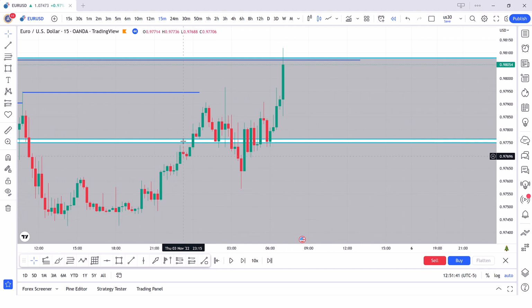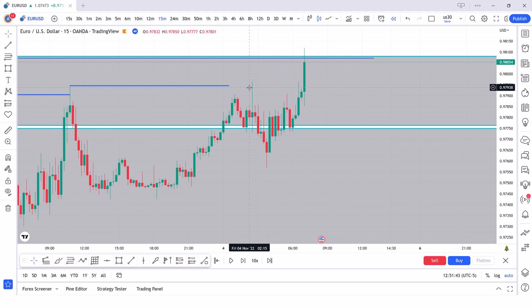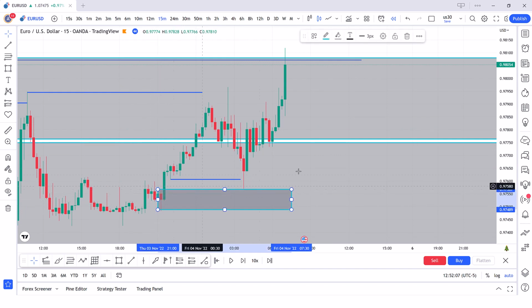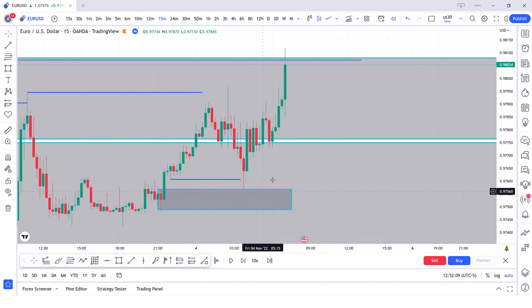If we just, for example, identify our break of structure with shadows, you can see that we have our order block here, and we have our point of liquidity here. We can wait until it comes and hits our order block again, because we still have a small imbalance here.